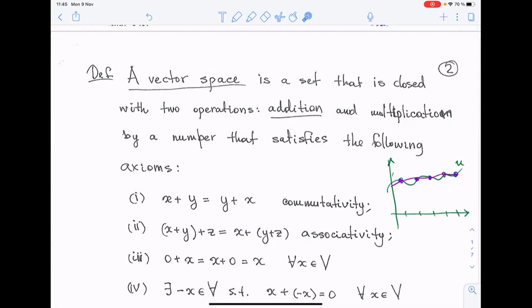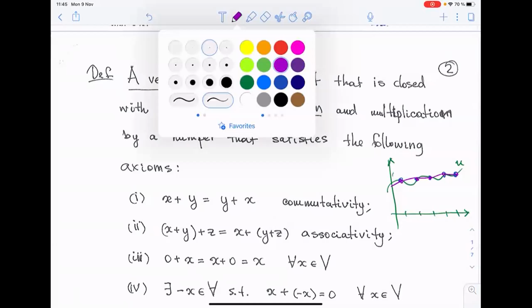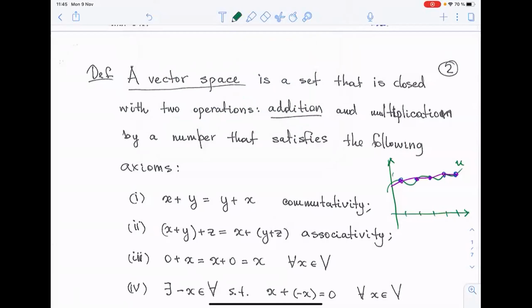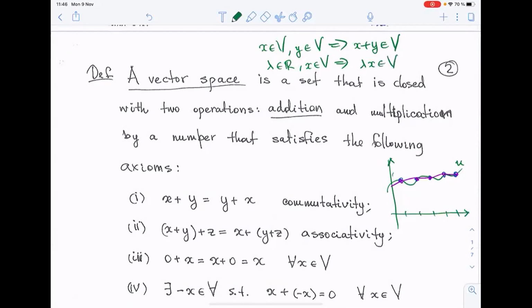So addition means, for example, you take X from this V, you take Y from this V. That means that X plus Y also belongs to this toolbox, this space V. And multiplication by a number says that you take some number from the real line, you take any element from this box, and when you multiply this number by the element, it's another element of that box.